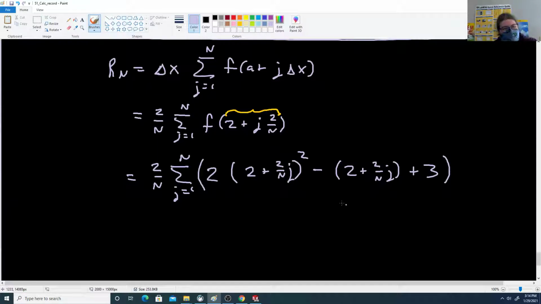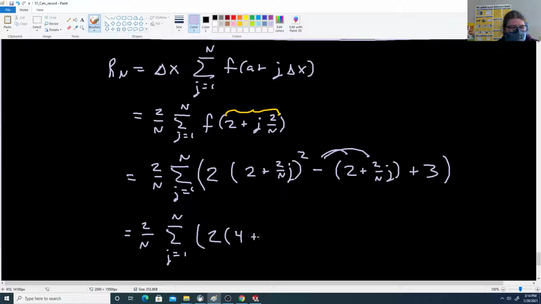Okay. So I need to FOIL this out, then distribute the 2 across it. I need to distribute the negative there. This will be 2 over n, sum of j equals 1 up to n, 2 times, let's see, if I FOIL that out, that would be 4 plus, let's see, 2 times 2 over n, that'd be 4 over n j, plus another 4 over n j, plus 2 over n j times 2 over n j would be 4 over n squared j squared.